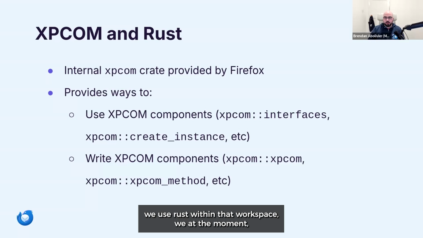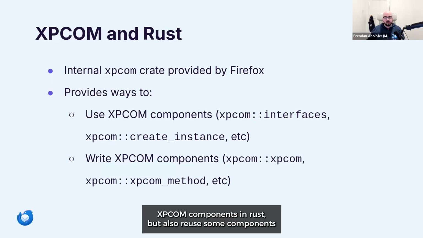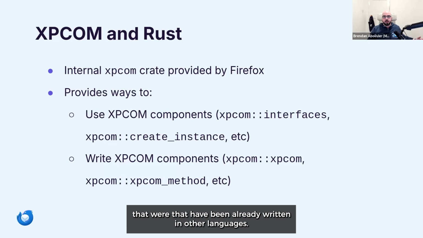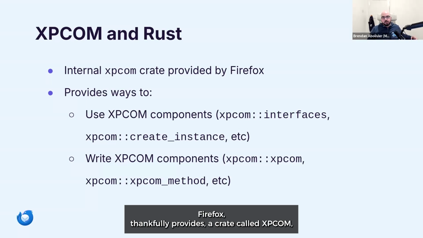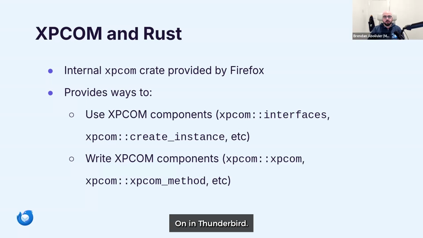Rust within that workspace, at the moment we use a lot of XPCOM, both to write XPCOM components in Rust, but also to reuse some components that have already been written in other languages. Firefox thankfully provides a crate called xpcom, which is internal to the Firefox code base, but we inherit from it in Thunderbird.